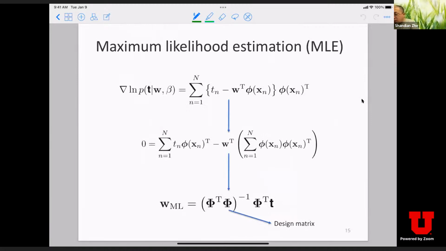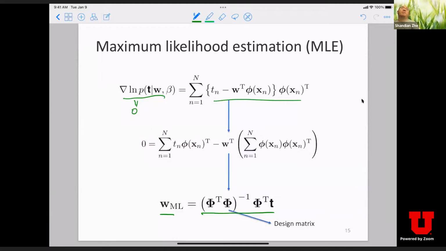If we take the gradient of the log likelihood, it will give this form. We won't write down the details; I assume this derivation is straightforward for everyone. If you set the gradient to be 0, you get the maximum likelihood estimation. You just solve the gradient being 0. It turns out that the maximum likelihood estimation has the following form: the design matrix phi, transpose phi, inverse, phi transpose t. So what is a design matrix phi?